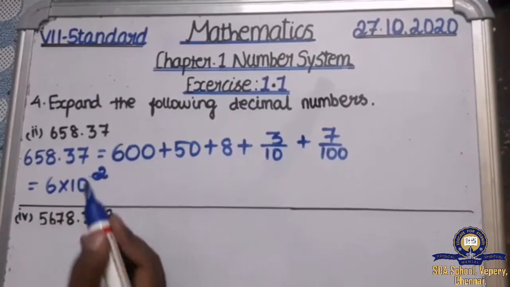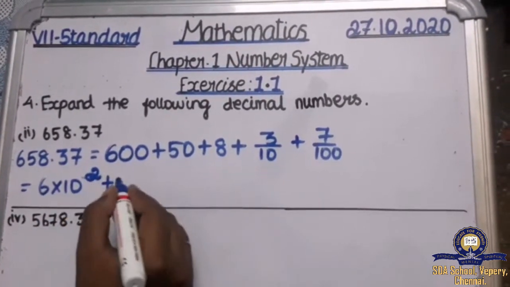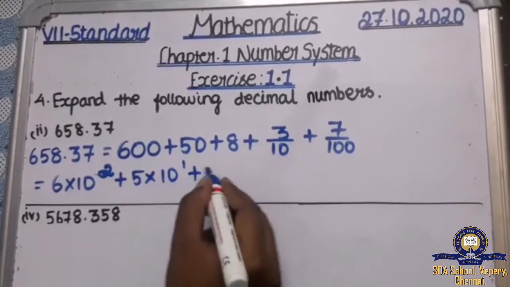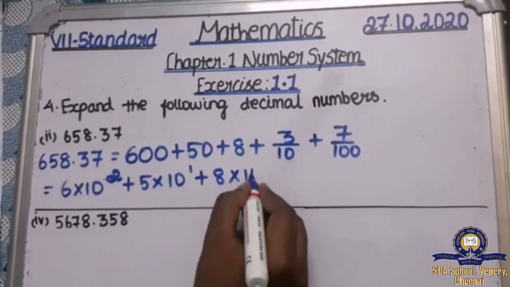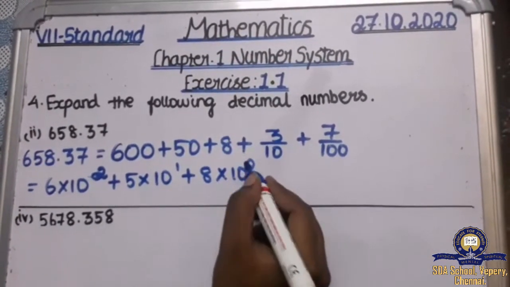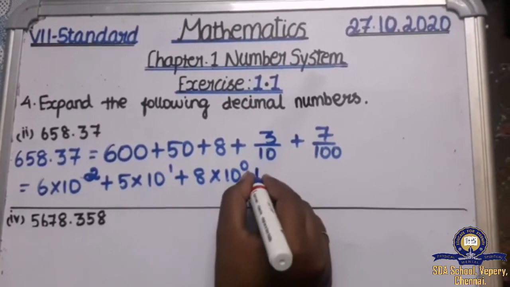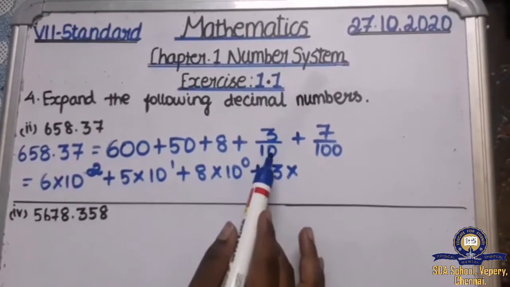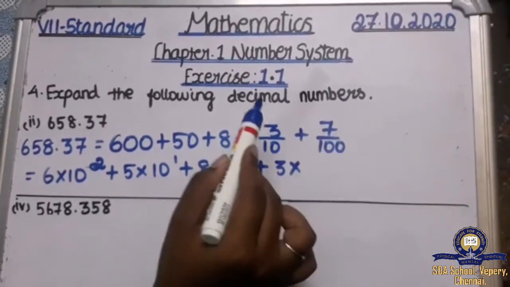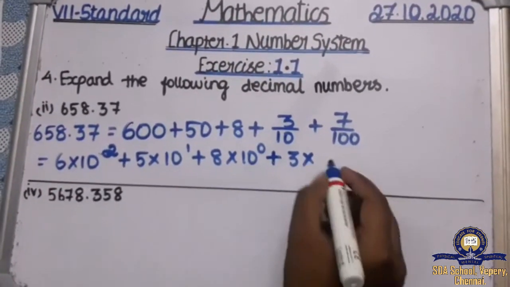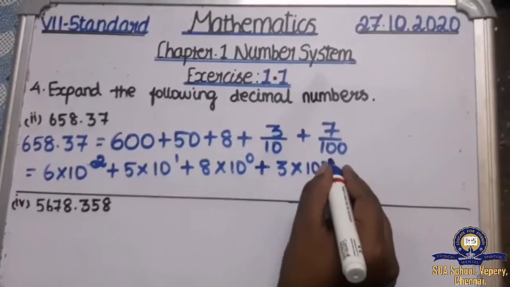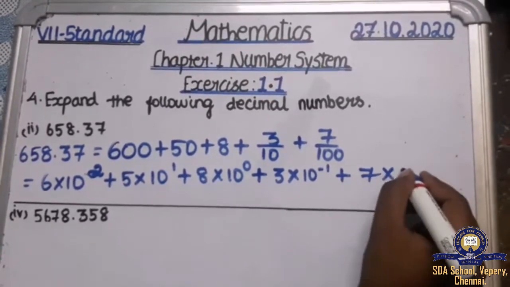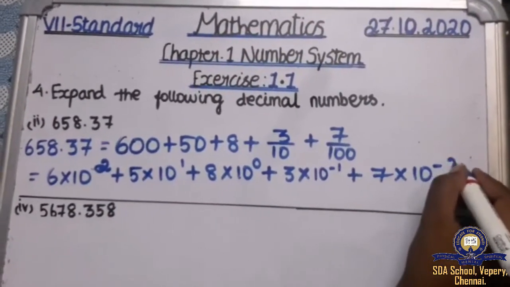So we can write 10 power 2 plus 5 into 10 power 1 plus 8 into 10 power 0 because no value is there, plus 3 multiplied by, here 10 is in the downward place, then going upwards it gets inverse. Okay. So 10 power minus 1 plus 7 into 10 power minus 2.